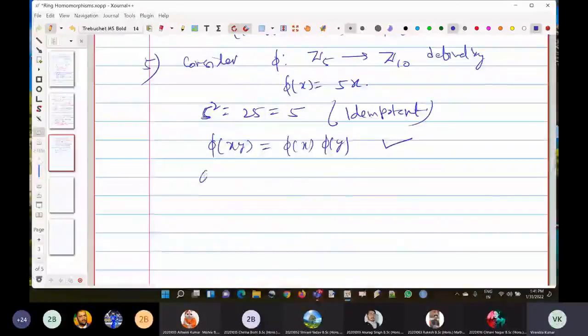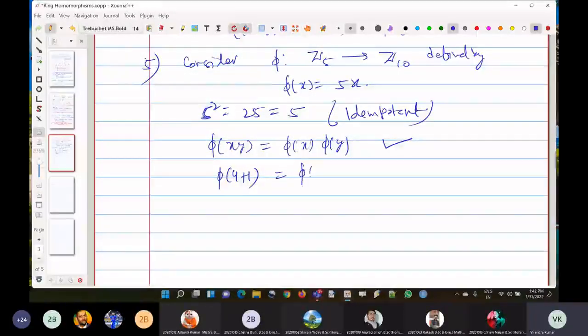In the addition case, we need to add any two elements. We take x and y to be different, for instance 4 plus 1.